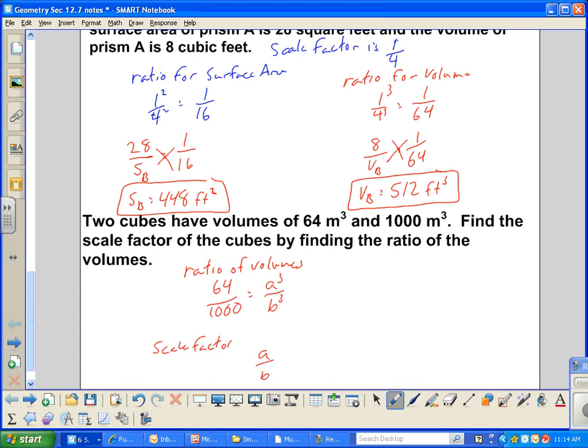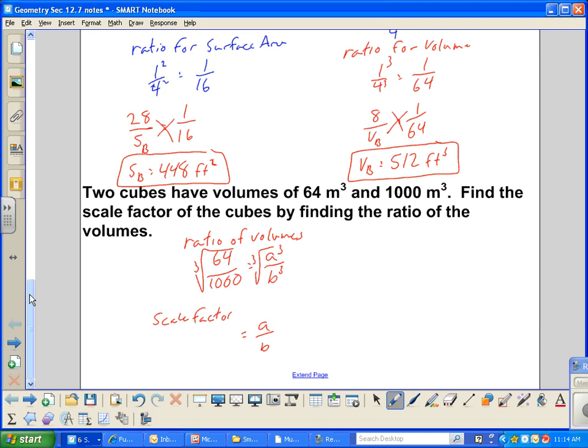So to go from the volumes to the scale factor, we're just going to have to take the cubed root of both sides to get rid of all the cubes. And so the cubed root of 64 is going to be 4. Cubed root of 1,000 is going to be 10. 10 times 10 is 100. 100 times 10 is 1,000.